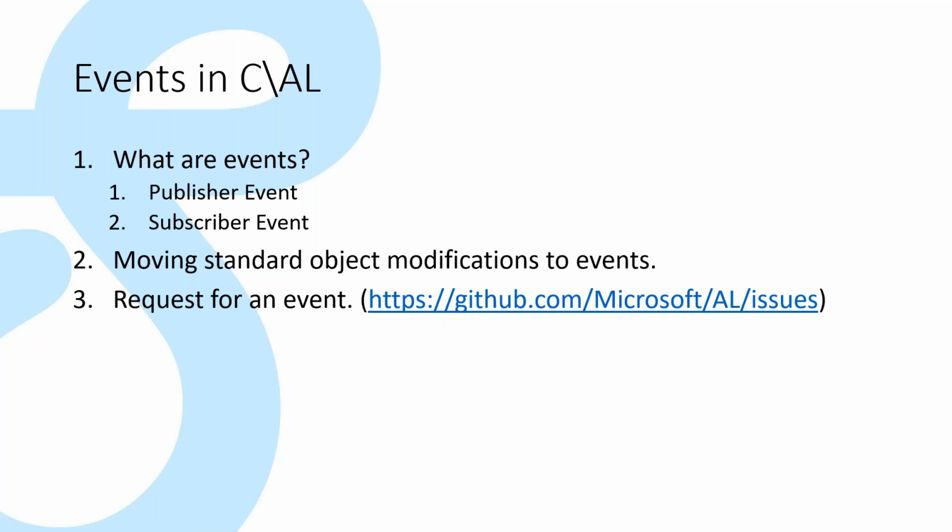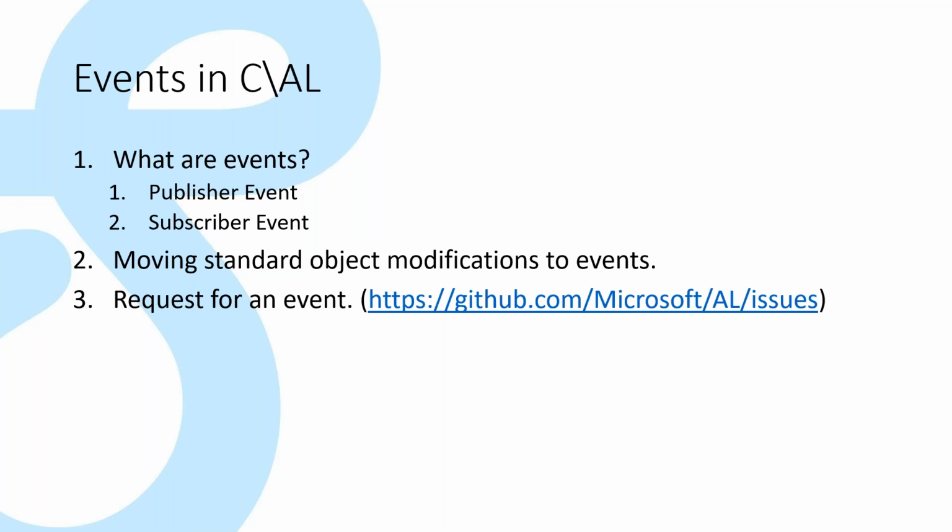And a subscriber event listens for and handles a published event. So a subscriber event is actually a C/AL function that subscribes to a specific event publisher function and includes the logic for that event. So basically, publisher events do not have any code, and subscriber codes subscribe to those publishers and implement the logic in the subscriber.